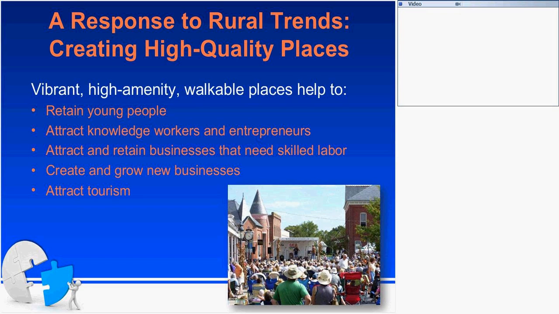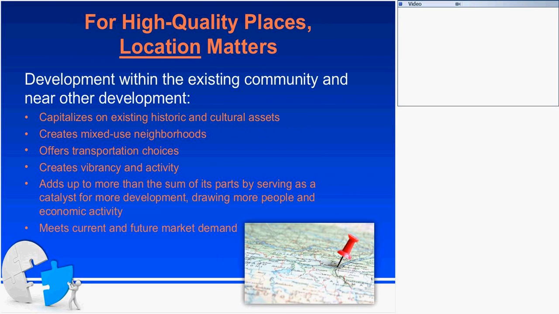And here we go into the benefits of creating vibrant, high-quality walkable places in terms of the fact that they can help retain young people, knowledge workers and entrepreneurs, and attract and retain businesses. So this is all related to what I talked about at the beginning. And then we provide a little bit more explanation on the importance of location for creating high-quality places.